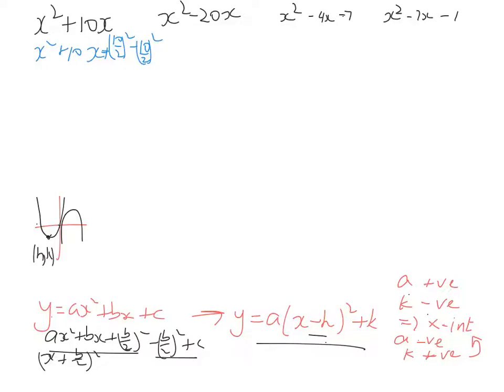I'm running out of space already, a little bit too eager. Anyhow, so then we're left with x squared plus 10x plus 5 minus 5. That's going to be squared, that's going to be squared.